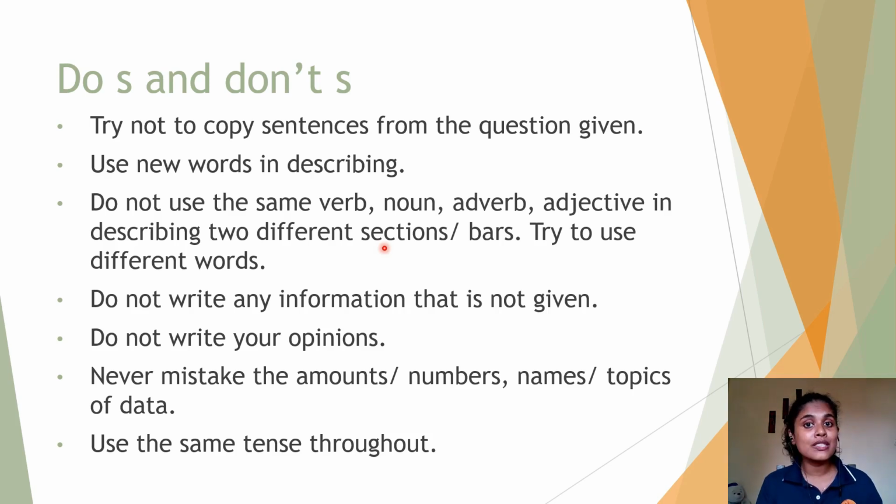We have not copied sentences from the question, and we have not used the same verbs and adjectives, as in 'the maximum amount was spent on this, the minimum amount was spent on this.' Just think, if we write like that, it will be really boring. It is not interesting, so that will reduce our mark, because the most important thing is the impression the examiner has of our answer.